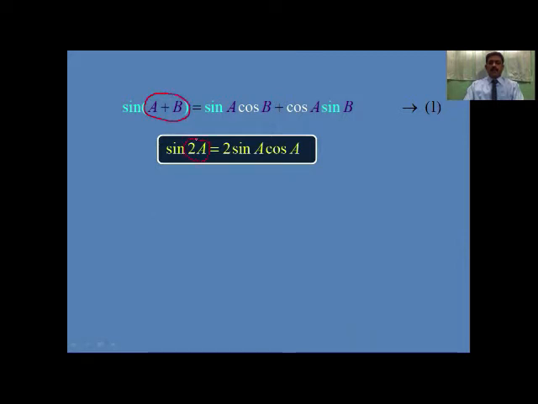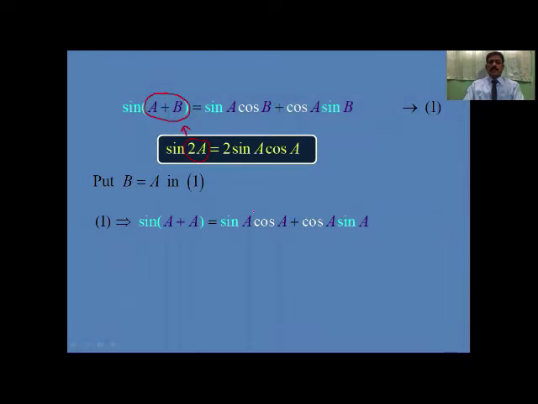So therefore, I am going to replace b equal to a in equation 1 to get this format. So put b equal to a in equation 1. Then equation 1 implies sine of a plus a equal to sine a cos a plus cos a sine a.